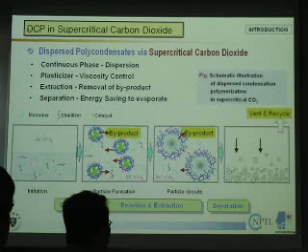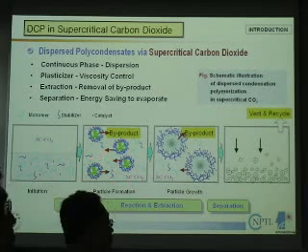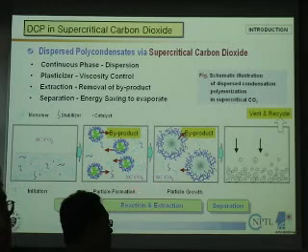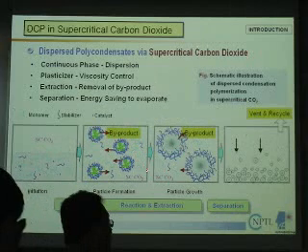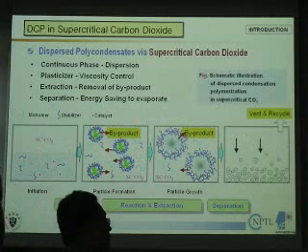And compared to the conventional dispersion system, this one has another function to control the process of this reaction.